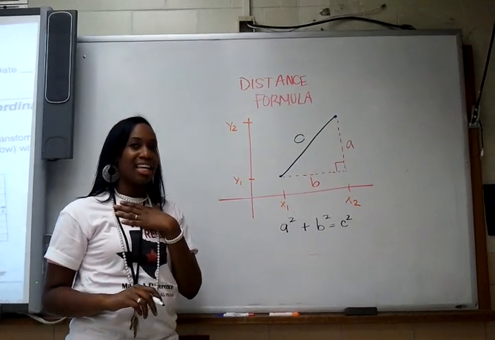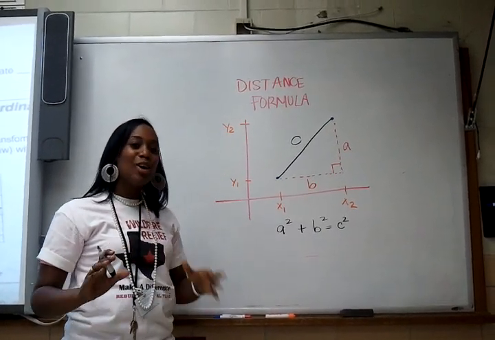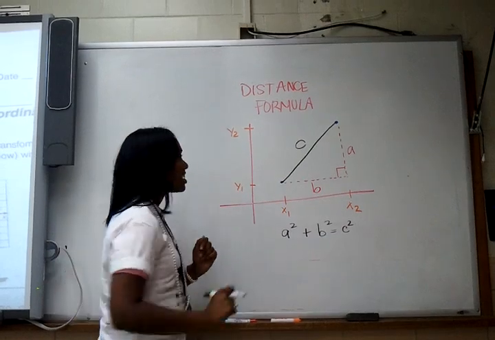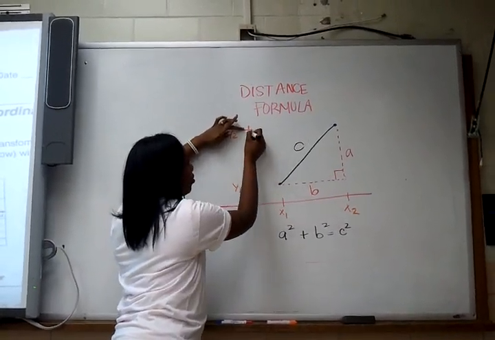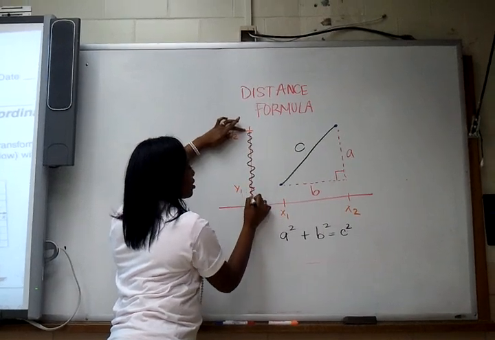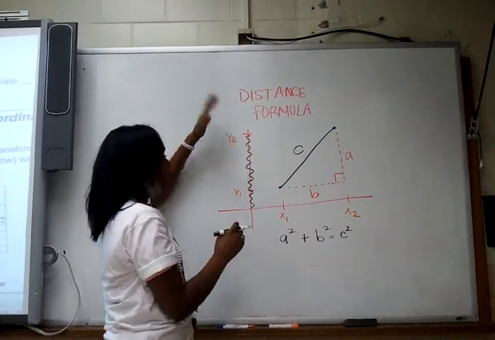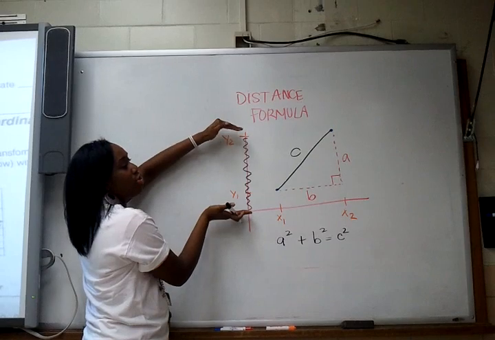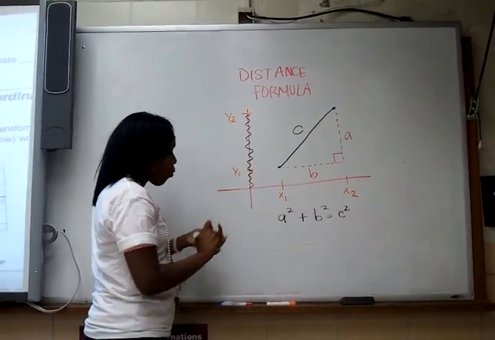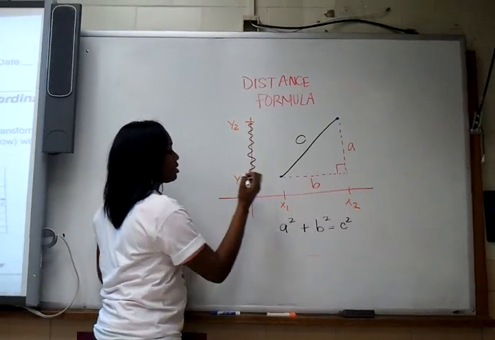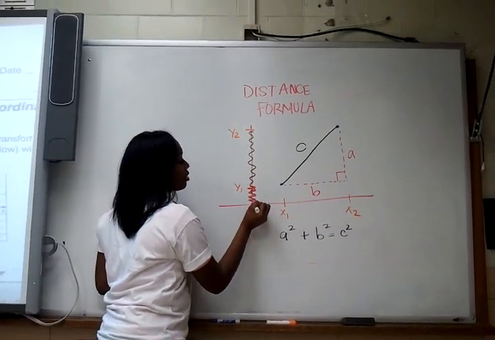I know y'all like thinking, Ms. Taylor, no we don't. But yes we do. Watch this. The distance from the origin to y2 is all of this. y2. Right? So let's say y2 is 8. This would be 8 units long. Right? So it's y2. y1 represents this distance.